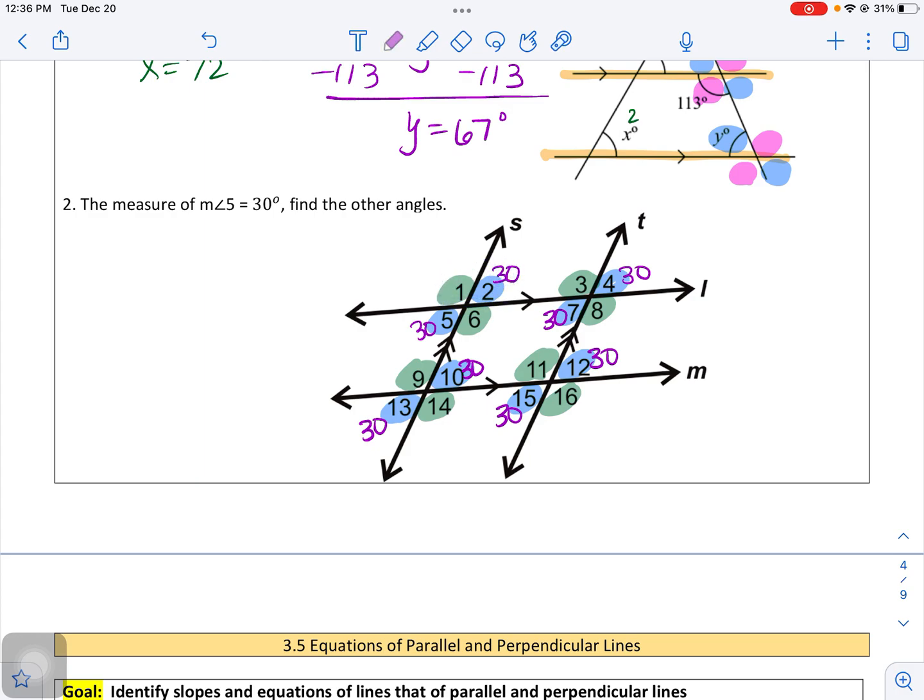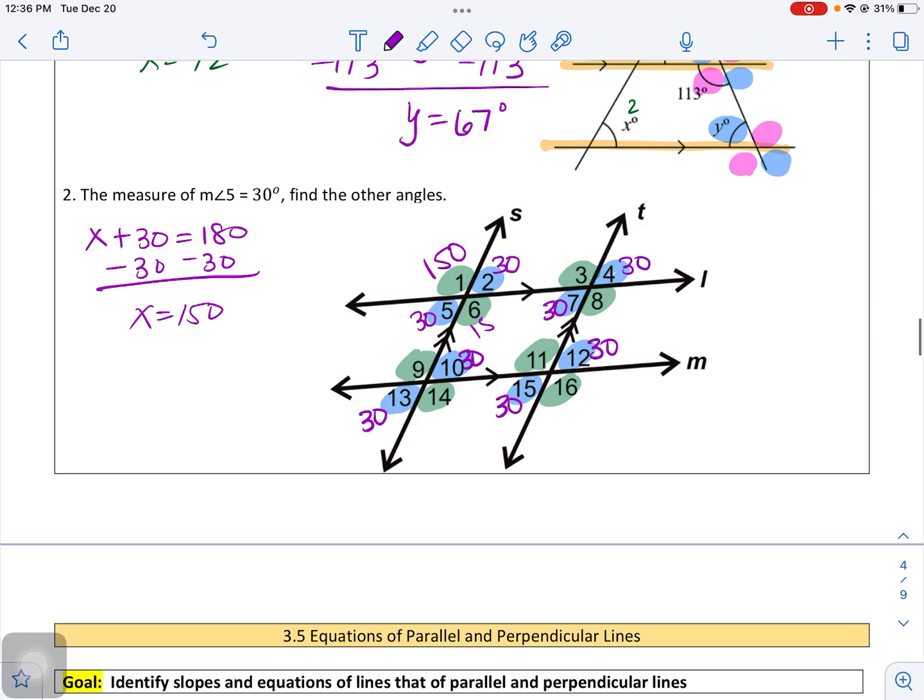In order to find angle 1, I'm going to do angle 1 plus 30 degrees equals 180. So I know my obtuse angles are 150 degrees. Because this one's green, all my green angles are obtuse and also 150. I'm just going through and naming all the angles 150. And you're done.